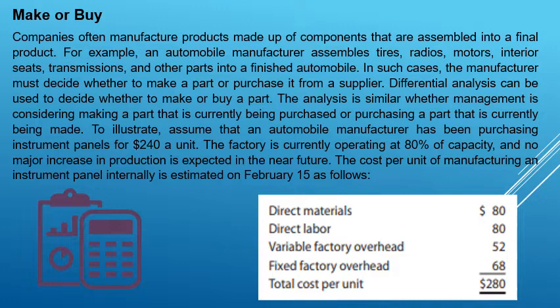The cost per unit of manufacturing an instrument panel internally is estimated, let's say as of February 15, as follows. Direct materials, we have here the figures. Direct labor, variable factory overhead, fixed factory overhead. The total cost per unit, let's say, is $280.